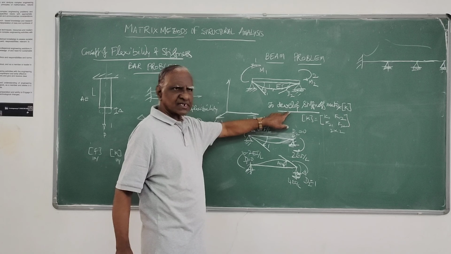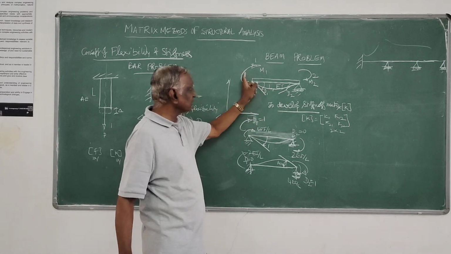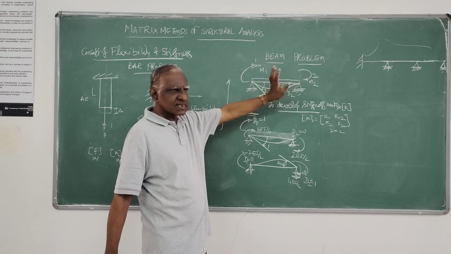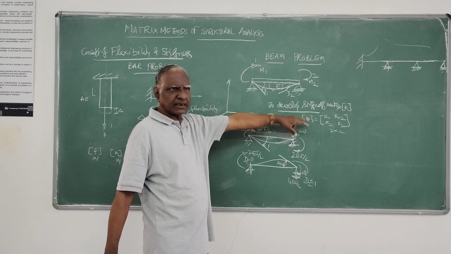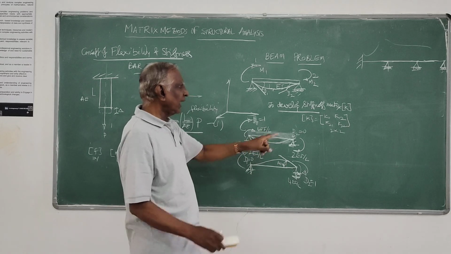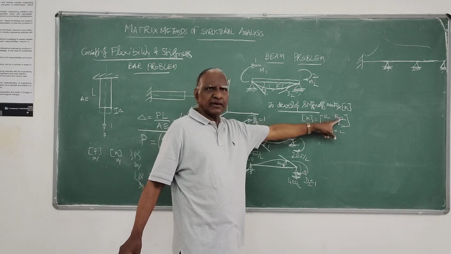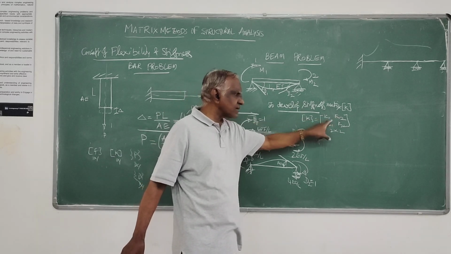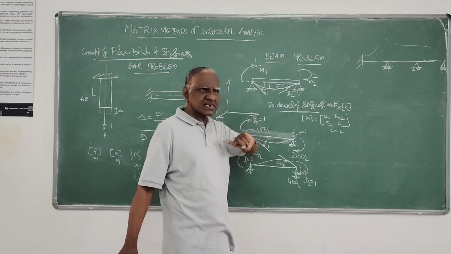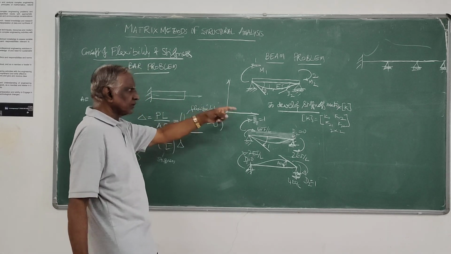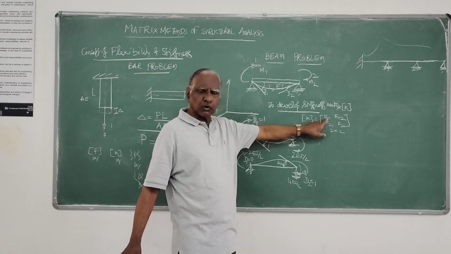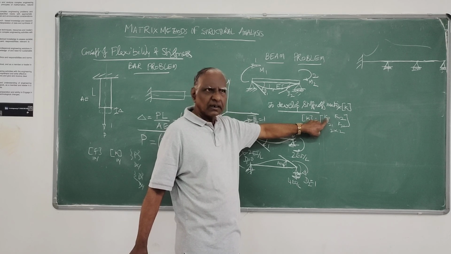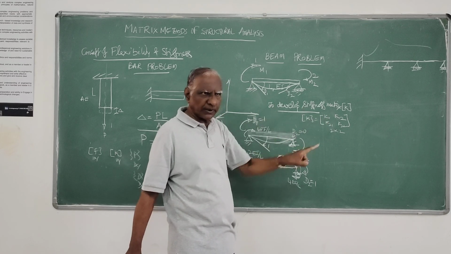So to develop the stiffness matrix, since we are developing the stiffness matrix corresponding to the moment developed at the ends, the size of the stiffness matrix has to be 2 by 2, and it is given by K11, K12, K21, K22. How do you define these coefficients of the stiffness matrix? Already I have defined them. K11 is the force developed at 1 due to unit displacement at 1 itself.